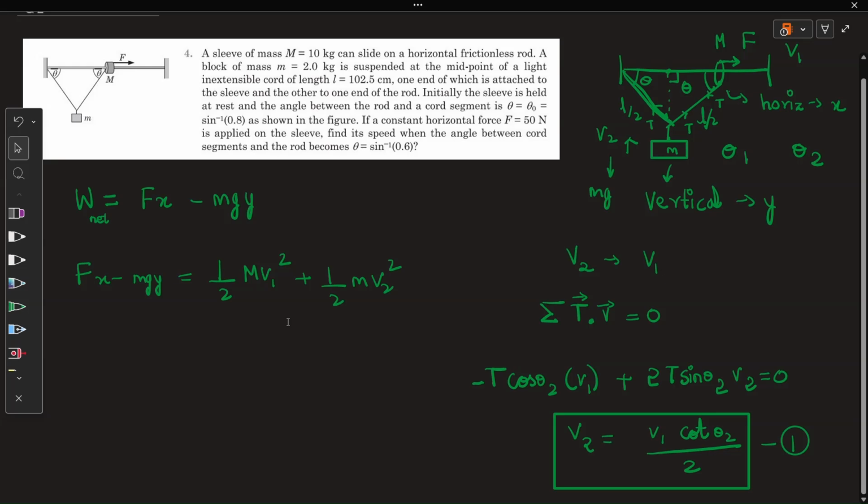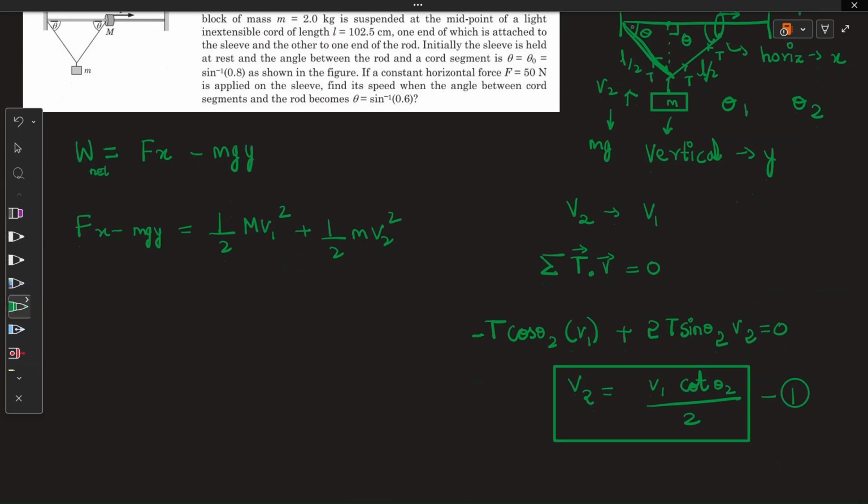Now I need to find the x, right? Initially, what is this distance? The total distance initially is L cos theta 1, and finally it's L cos theta 2. So the total displacement x is nothing but FL into cos theta 2 minus cos theta 1.